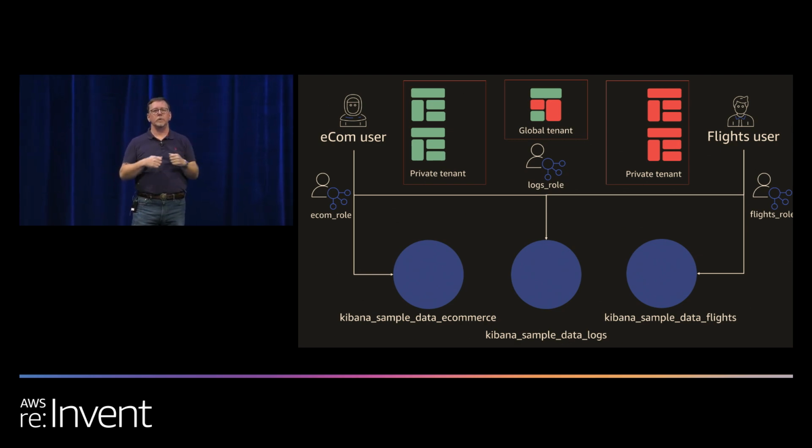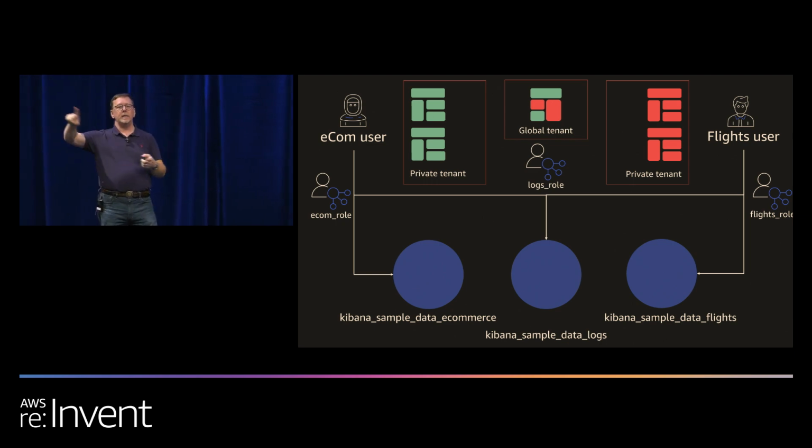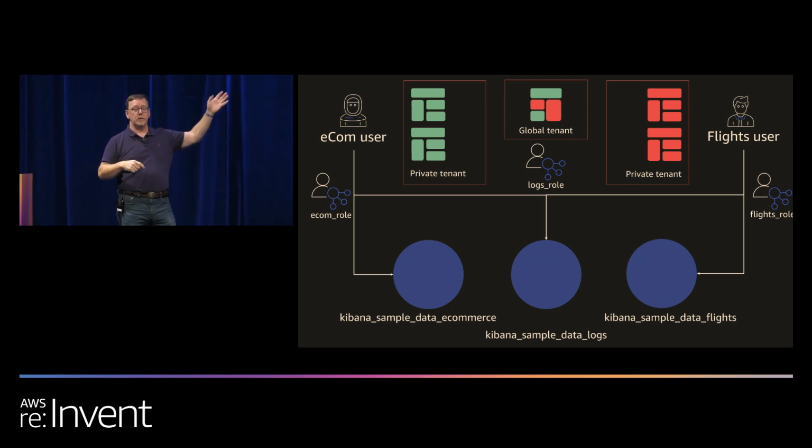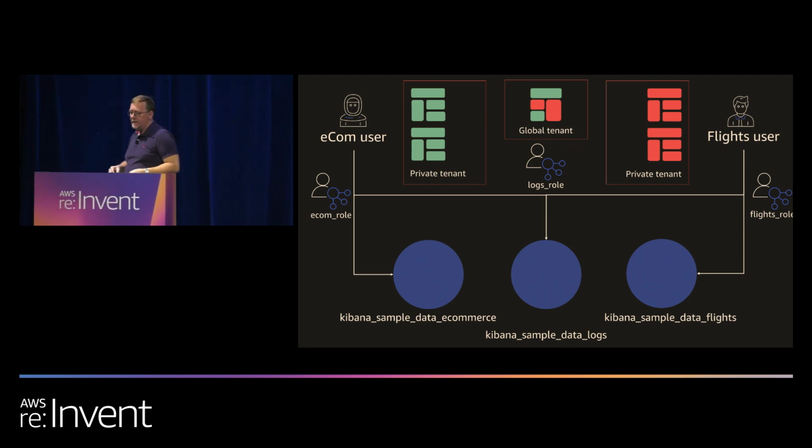When the ecom user creates visualizations, they're able to put those into their tenant only, and only their tenant can see that. That tenant can be shared across multiple users if you want. Also, the flights user will have their own Kibana tenant. And then there's a tenant that is global across everybody.